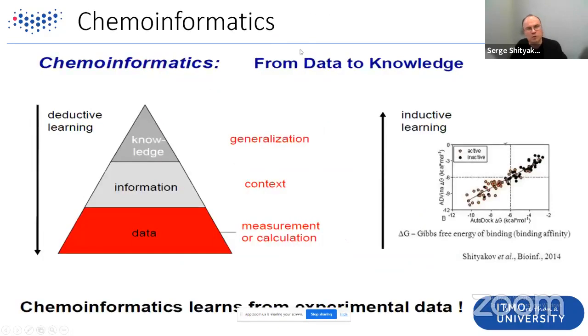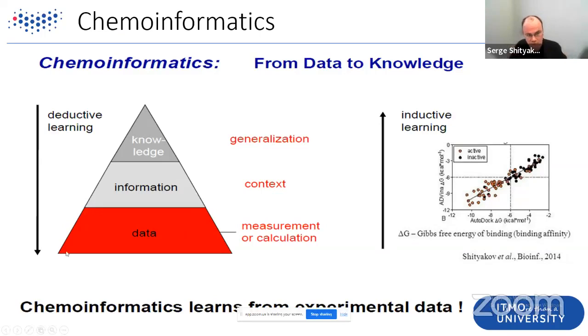Okay, what else? Chemoinformatics learns from the experimental data, and sometimes experimental data learns from chemoinformatics, like the model learns from the experimental data, or the experimental data learns from models. This is the paradigm which works both ways.